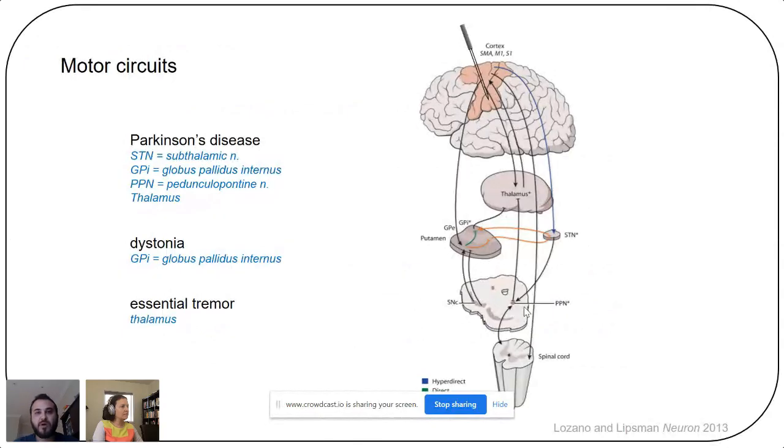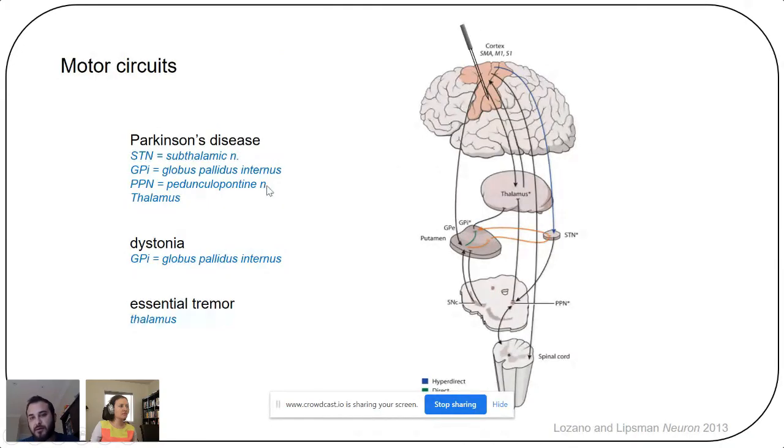One good example of the successful outcome of a neurostimulation device, specifically the one that I provided here, deep brain stimulation, was in the treatment of movement-related neurological disorders like Parkinson's disease, dystonia, and essential tremors, where neurosurgeons can insert these electrodes very deep in the brain.